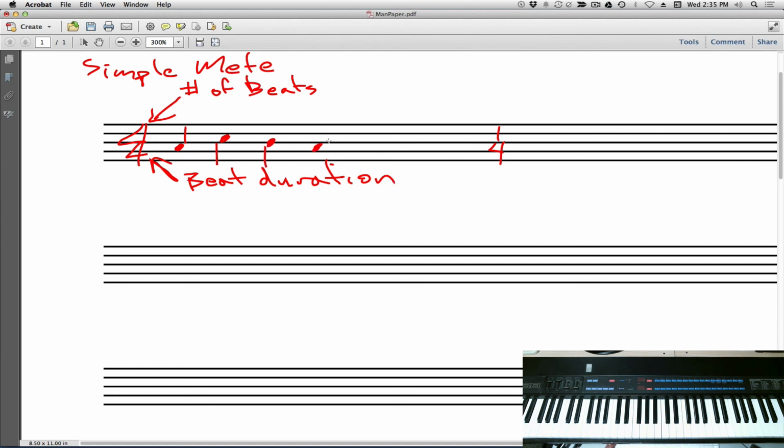Okay? So a quarter note gets the beat, and then that would be the measure. So that would be 1, 2, 3, 4, right? And then if we wanted to divide the beat, then we can do it in eighth notes. We'll beam these together. Well, that's not looking too good.